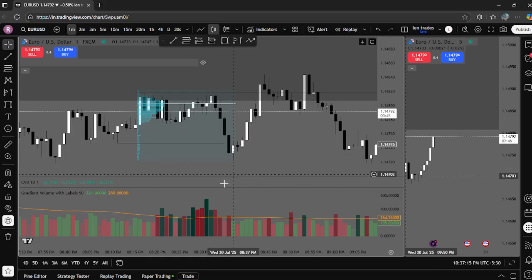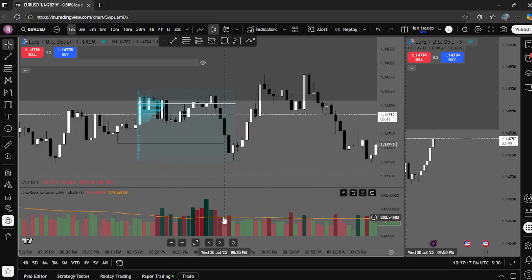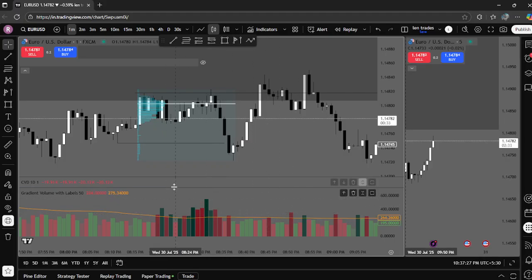But I'm seeing volume gradually dropping down. If you look at this, as we're coming lower, the volume is gradually dropping, and there is a strong red color. If you look at traditional charts, they usually color code each volume level in a box.